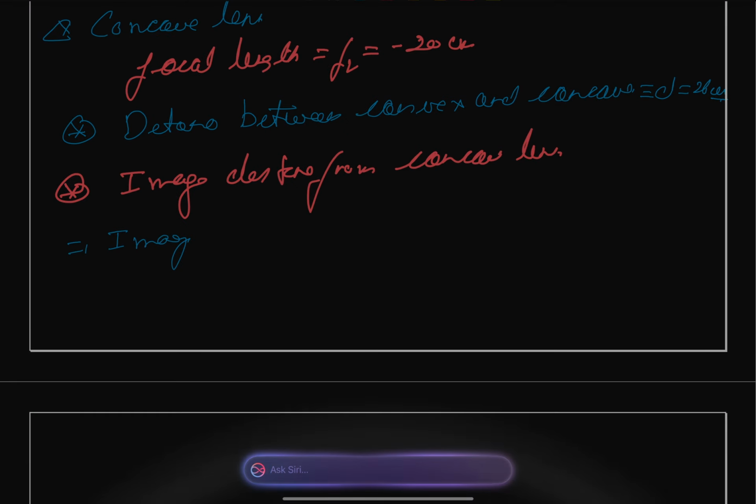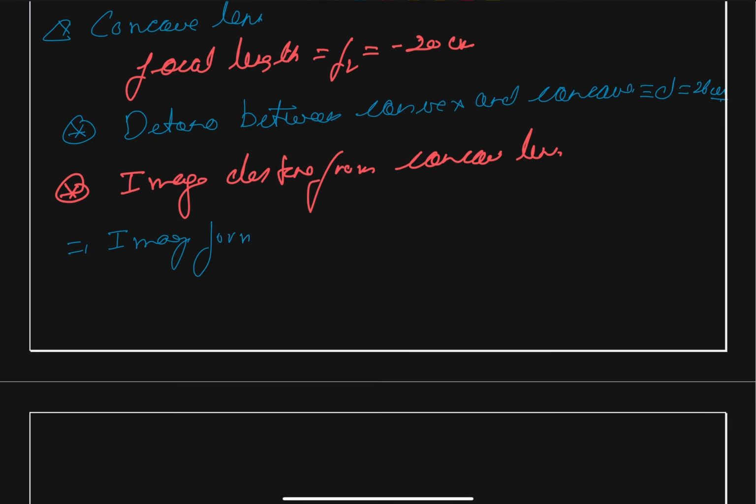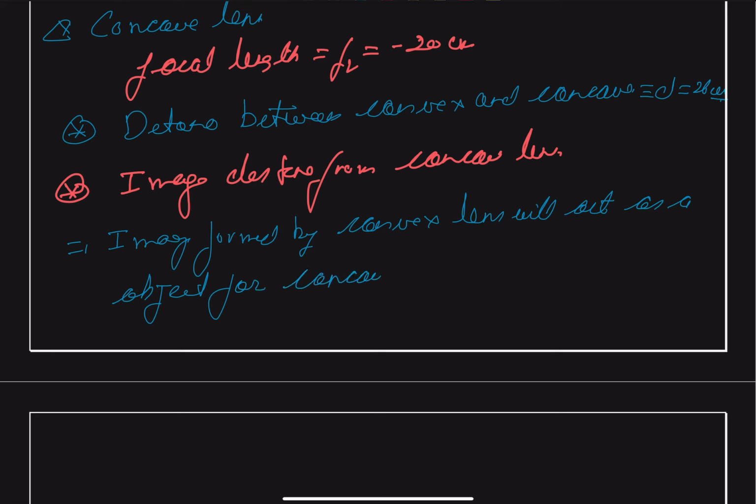Image formed by convex lens will act as an object for concave lens. So therefore our U2 will be equal to our 30 minus 26, giving us 4 centimeter.